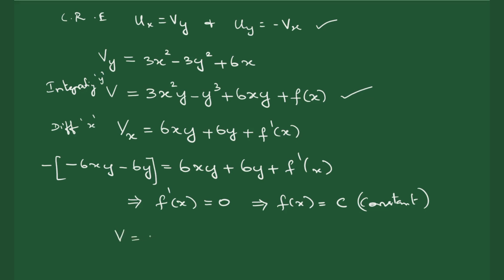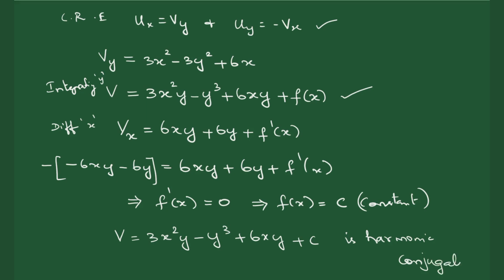So v is equal to 3x square y minus y cube plus 6xy plus c. So this v is the harmonic conjugate of u. So this is the second part of the question.